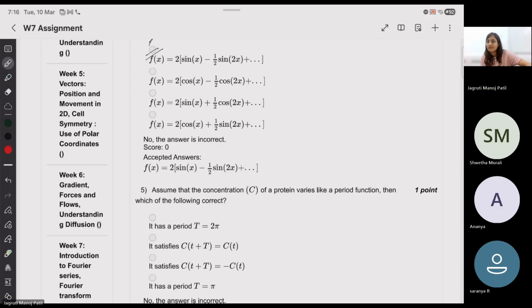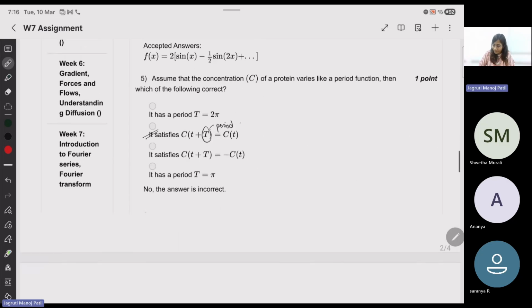It will be the second option, because periodic functions repeat themselves after time t. So this is the period of the function that we're looking at. That's a property for it.